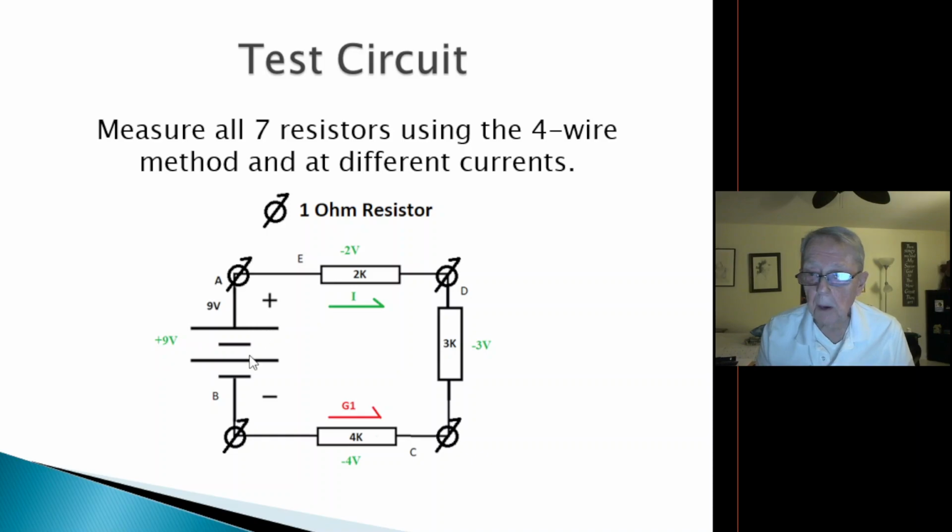I can also adjust it. I have a power supply that I can adjust, so I can start out with like 5 volts, 10K, get a half a milliamp, then 10 volts, 10K, and get 1 milliamp, and see whether these resistance values change as I increase the current.